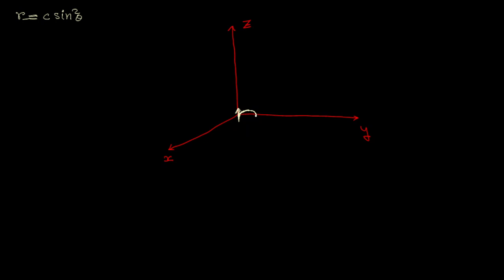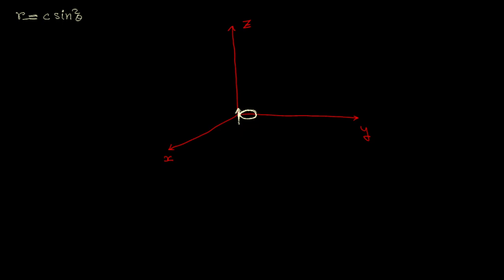After that, on the bottom side of the xy plane, the value of theta goes from pi by 2 to pi. Between pi by 2 and pi, the value of sine theta will decrease, so r will also decrease, and when theta is equal to pi, r will again be 0. Sine pi is 0. So it will look like this.